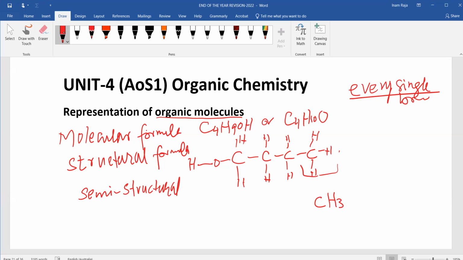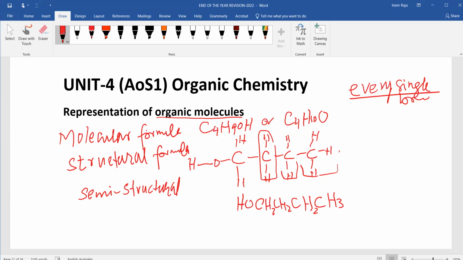If there's a double bond, yes, we need to show it, but if there's a single bond, you don't need to. Then we have C with 2 hydrogens attached, so I write CH2, and then another CH2, and another CH2, and then there is OH. You can also write OH before the CH2.